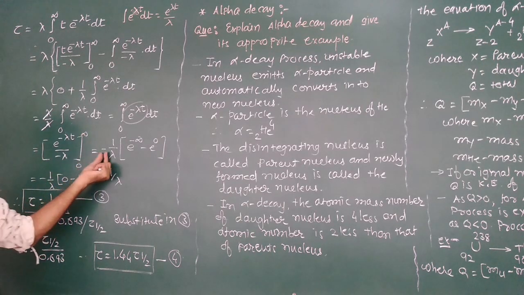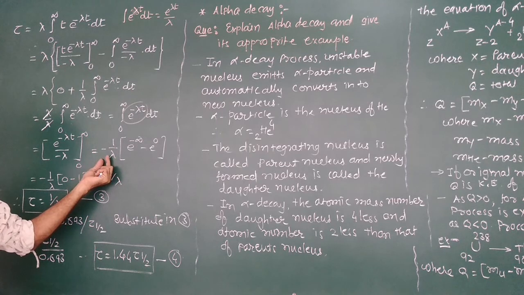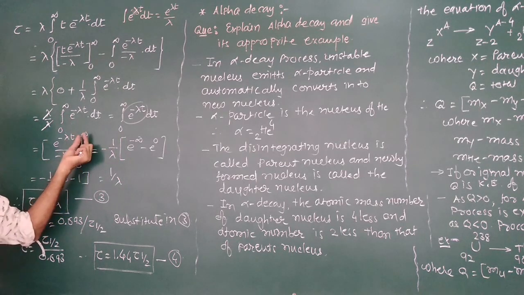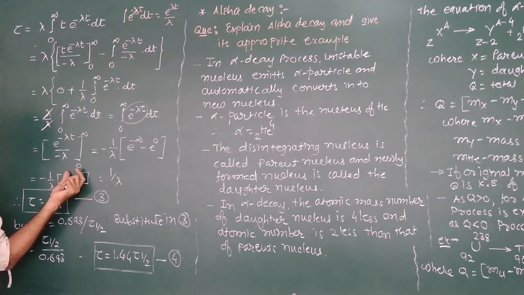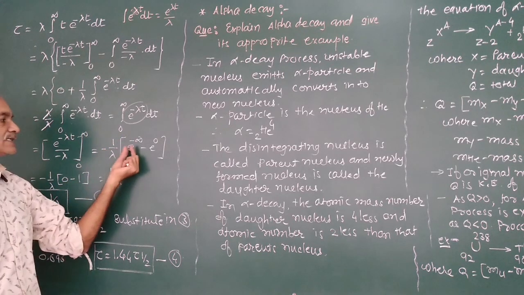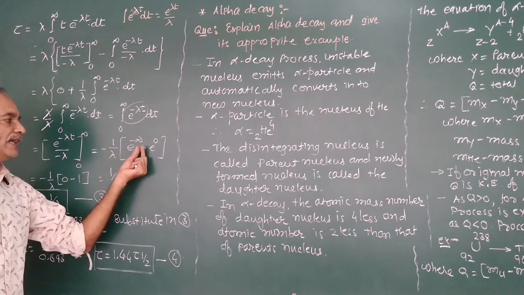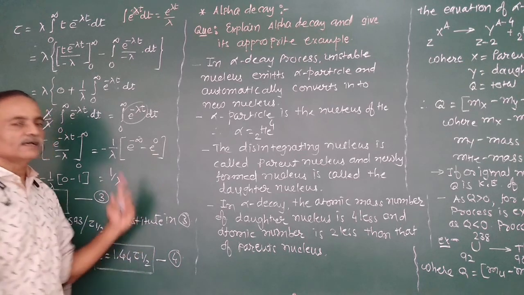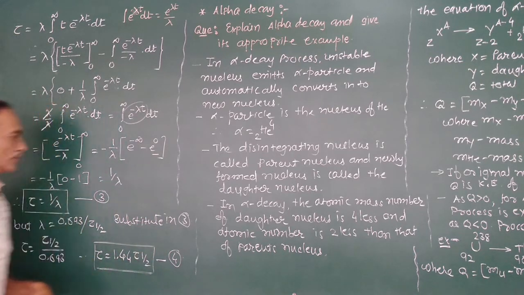So it is equal to minus 1 upon lambda, this lambda is taken out. Now we substitute t as first infinity minus t as 0. Therefore, e^(-infinity) minus e^0. e^0 is 1, e^(-infinity) is 0.